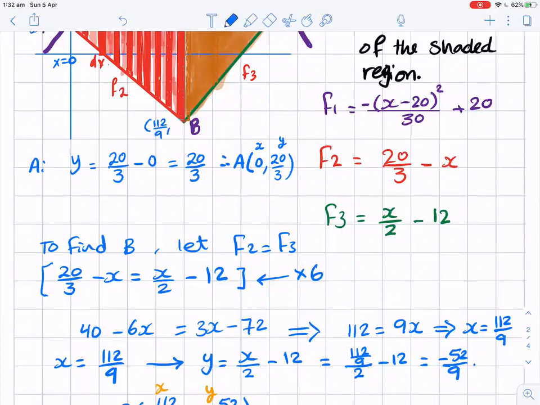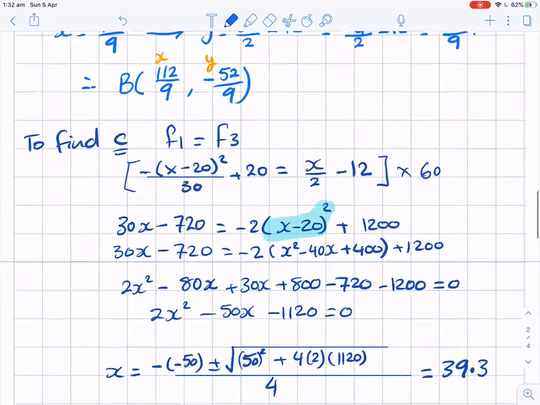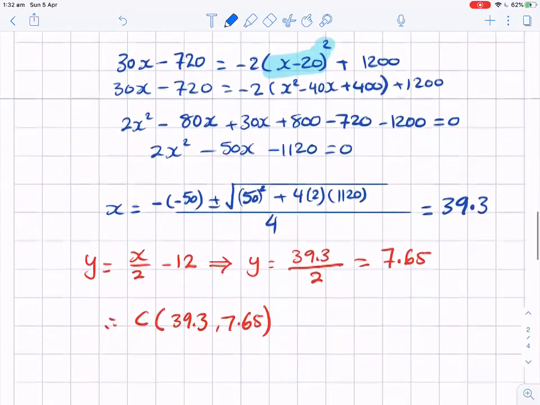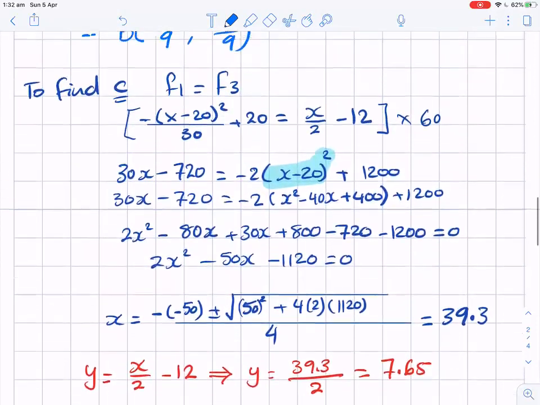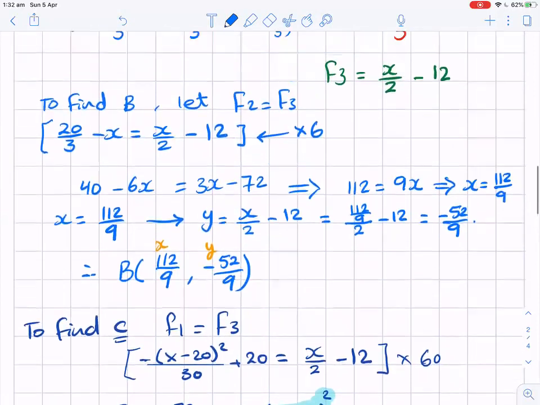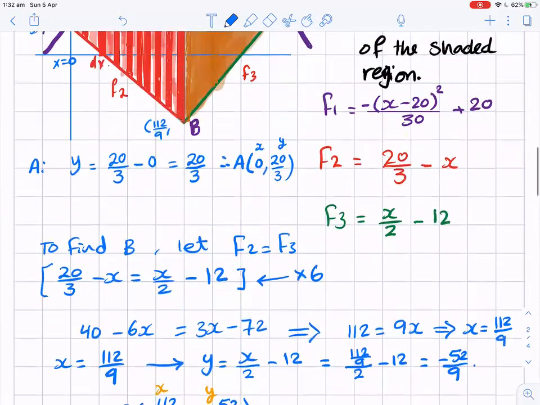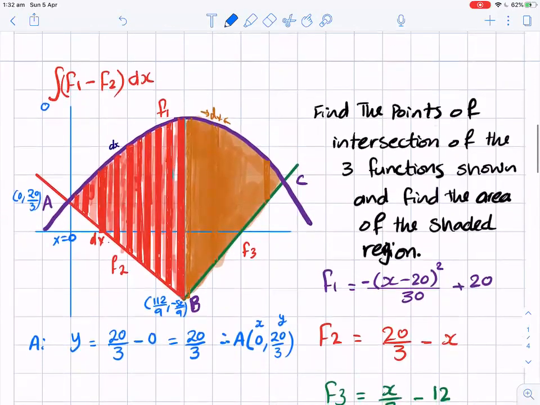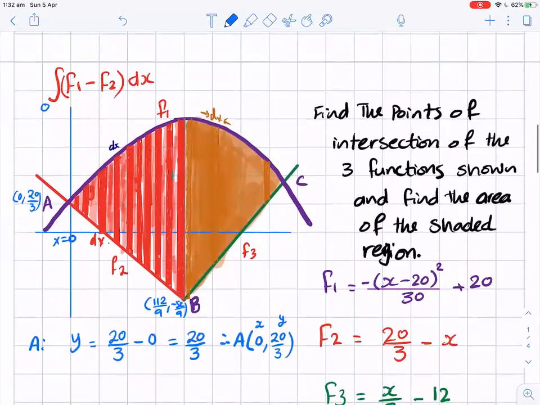That's the x, and the y was minus 52 over 9. Okay, so the limit is going to be from 0 to x, where the red finish is 112 over 9.